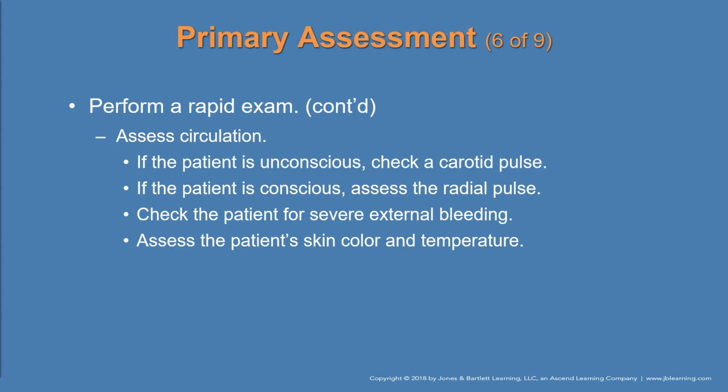So if the patient's unconscious, we want to check for a pulse. The easiest place to check for a pulse is the carotid artery. The carotid artery is one of the major arteries in your neck. You have one on each side of your neck in the front. In order to find the carotid artery, we usually place our index and middle fingers together.